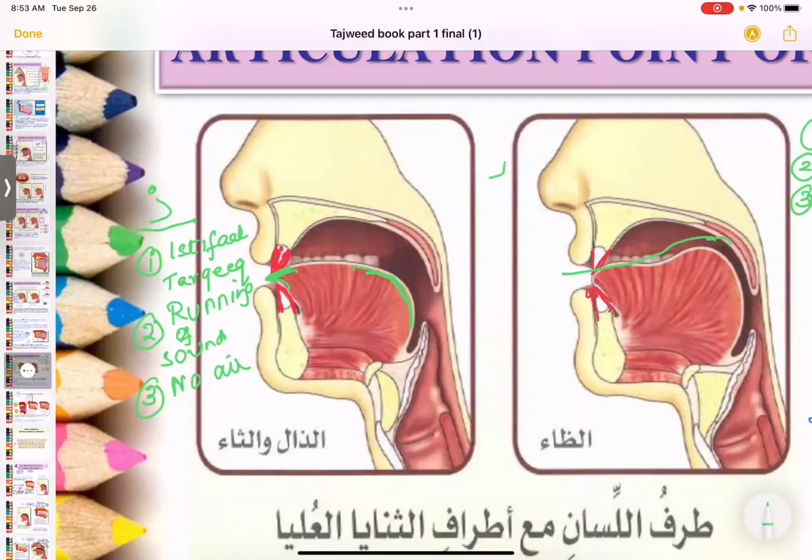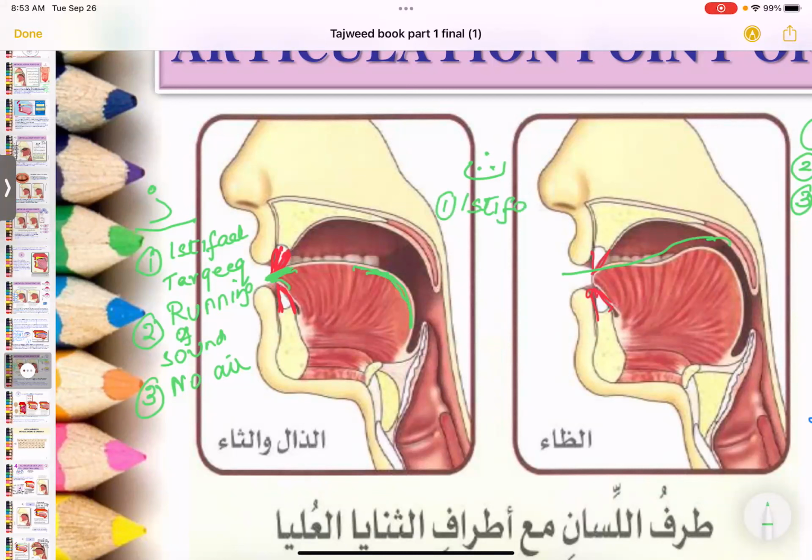In tha, let's put tha here. Tha is the one with the 3 dots in it. And in tha too, remember, tha has the same makhraj as dal. Here again the tongue is lowered. When the tongue is lowered, not raised up, it becomes a letter of istifal.